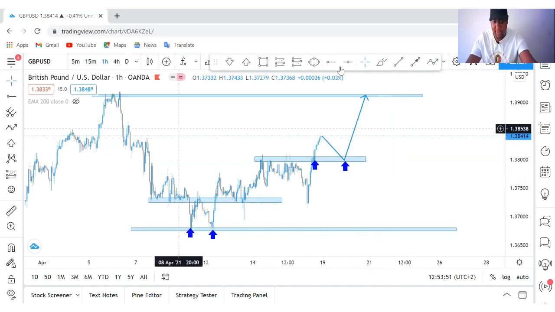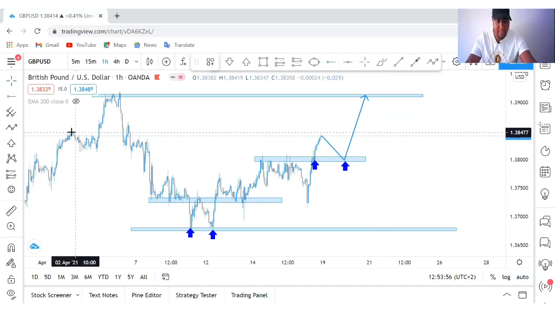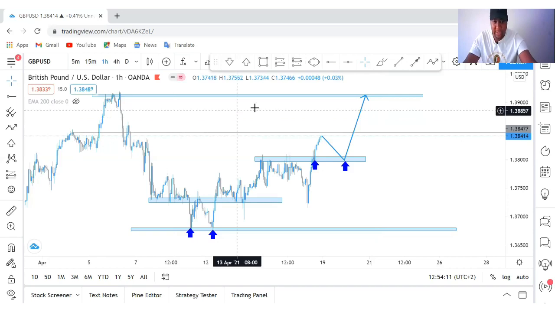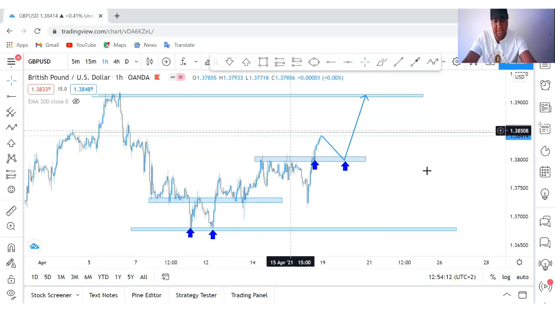And obviously, why am I anticipating this? This is not a showcase thing. Don't take it as it is and say, Brother Emmanuel from Prophetic Forex says GBPUSD is going to sell a little bit and then go long afterwards. That is just a disclaimer. This is just a trade idea.